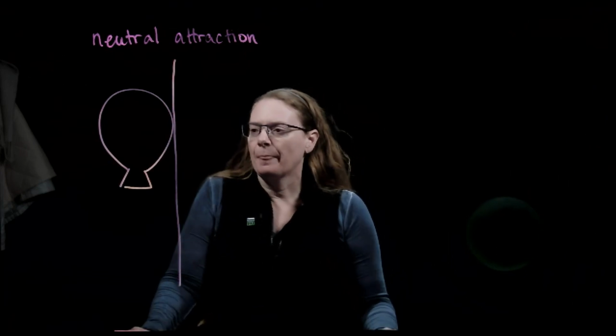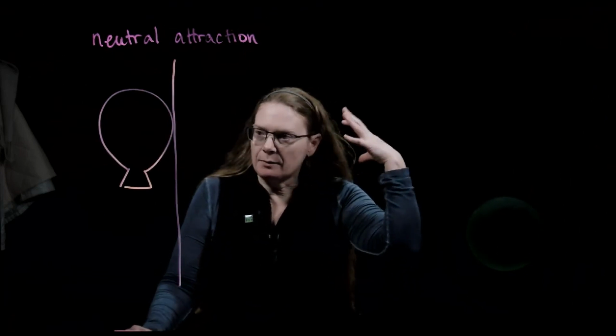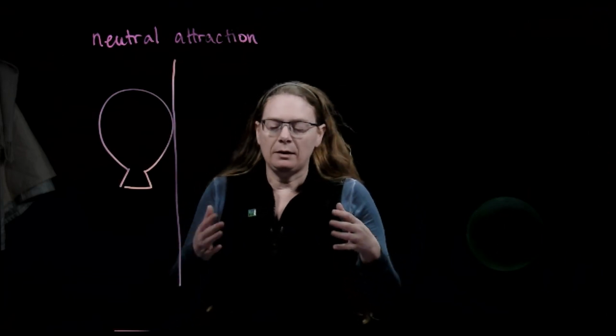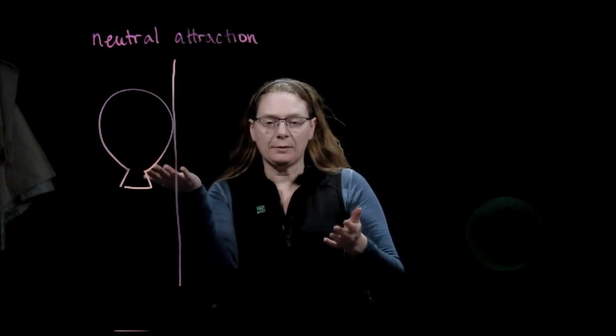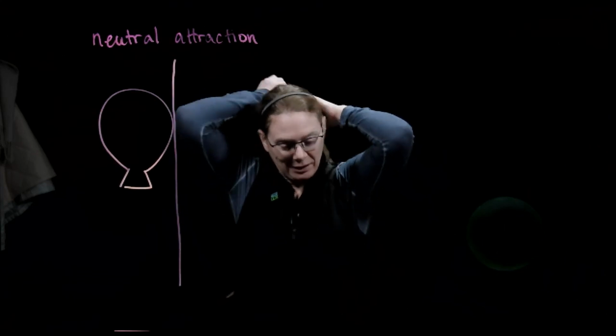Let's think about what's going on when I charged the balloon by rubbing it against my hair, charging by friction. One object becomes positively charged, one object becomes negatively charged. You can see my hair, it just made a shocking noise.